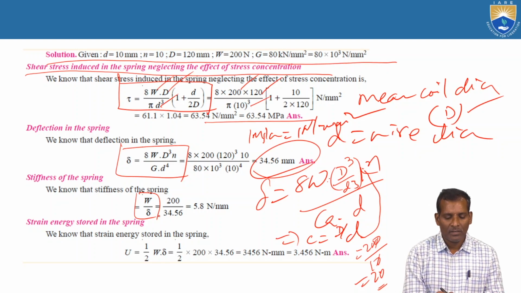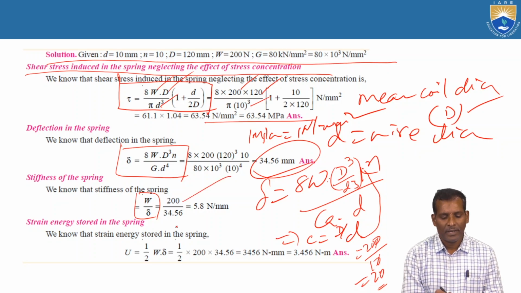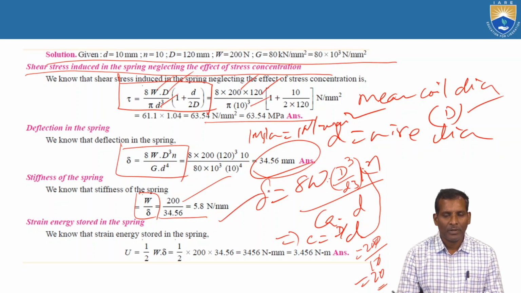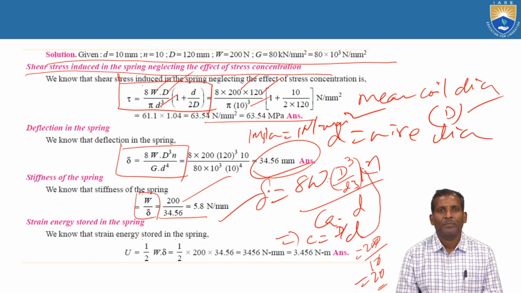So here load is 200 and deflection is 34.56. So 5.8 Newton per mm, the unit load per unit deflection.